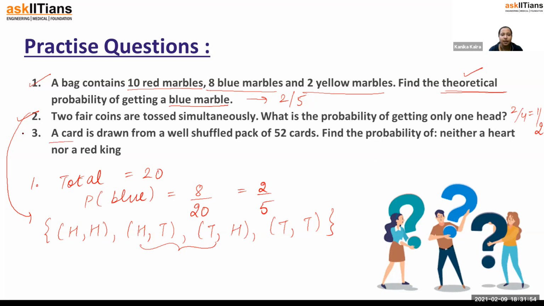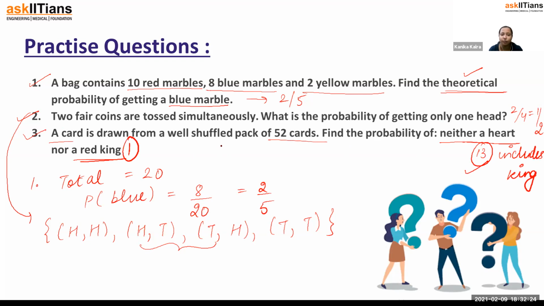Next is, a card is drawn from a well shuffled pack of 52 cards. Find the probability of neither a heart nor a red king. Neither a heart. So 13 cards, which includes king. And then nor a red king. So red king means there is only one red king left because one is already included in the form of hearts.